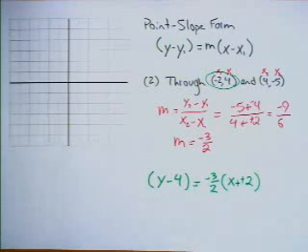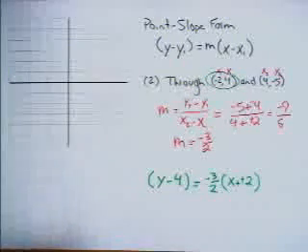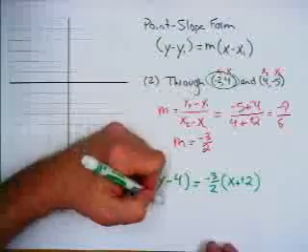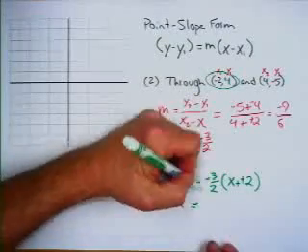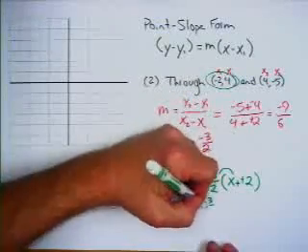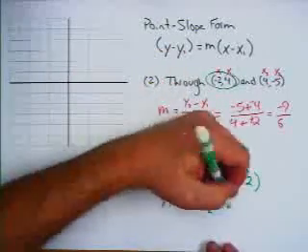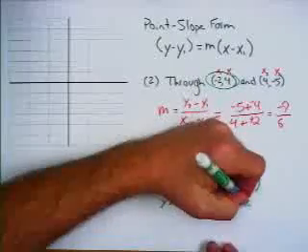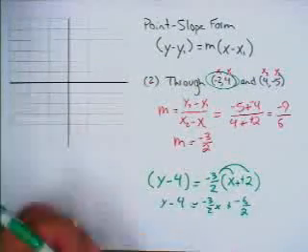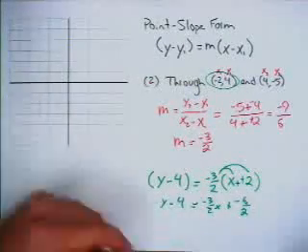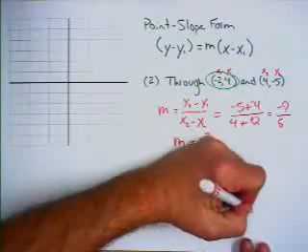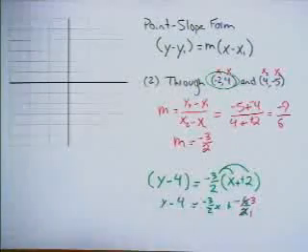However, often it's convenient to have it in slope-intercept form. So I'm going to do a little conversion. Y minus 4 equals -3 over 2 x plus, that's going to give us -6 over 2. But of course that reduces. If we reduce, 2 goes into that once, 2 goes into that 3 times.